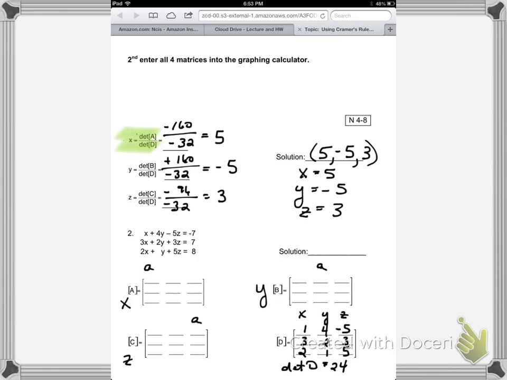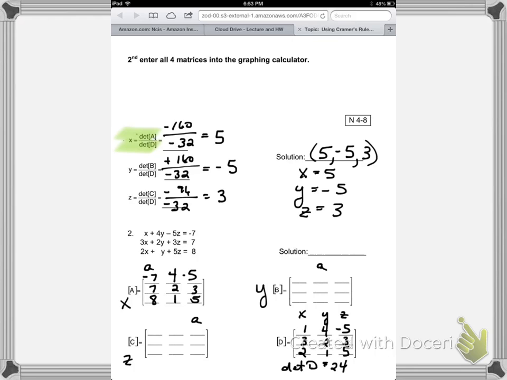Okay. So A, again, I replace the first column with the answers for the matrix we're going to use for X. So it's negative 7, 7, and 8. And the rest of it stays the same: 4, 2, 1, 5, 3, 5, and that should be negative 5 there.